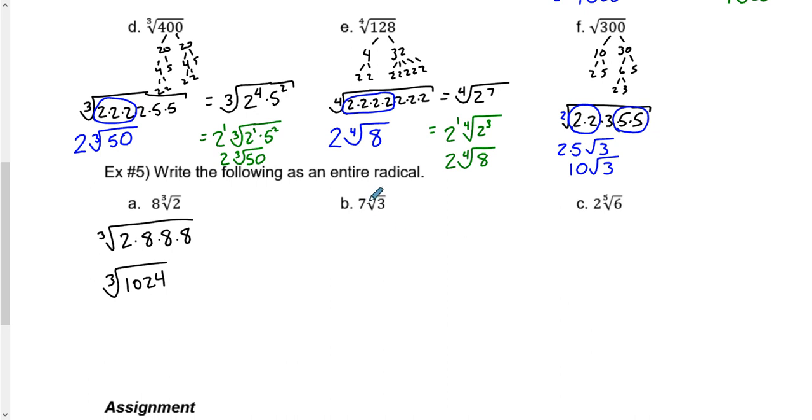If my index is implied to be a 2, I'm going to take the square root of 3 times 7 and 7. And I get the square root of 147.